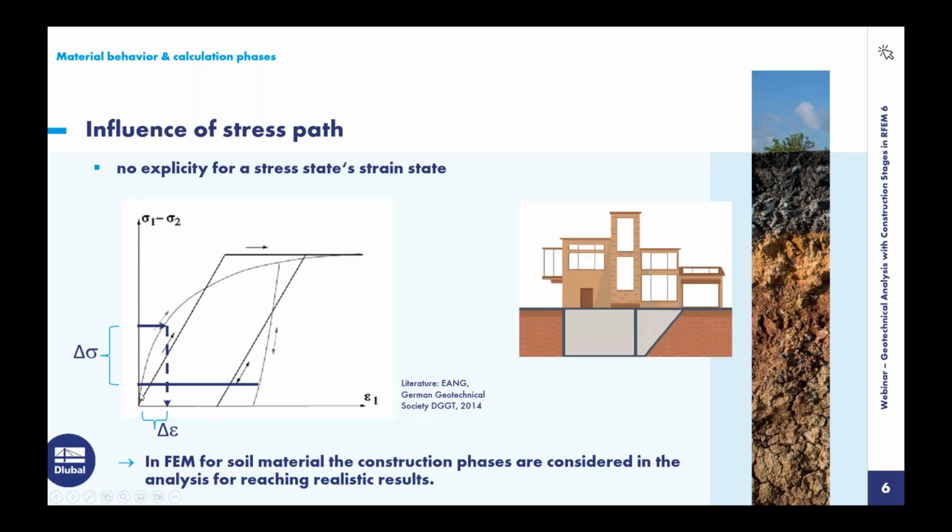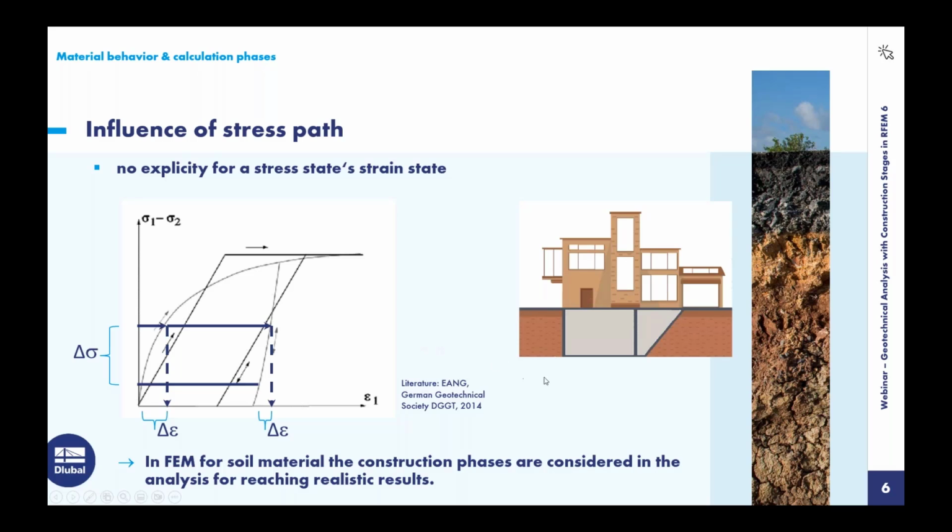If the element had a higher or at least the same loading before, and was unloaded, and like this reached the current stress state, then it will use the reloading stiffness modulus, and we will have another strain.